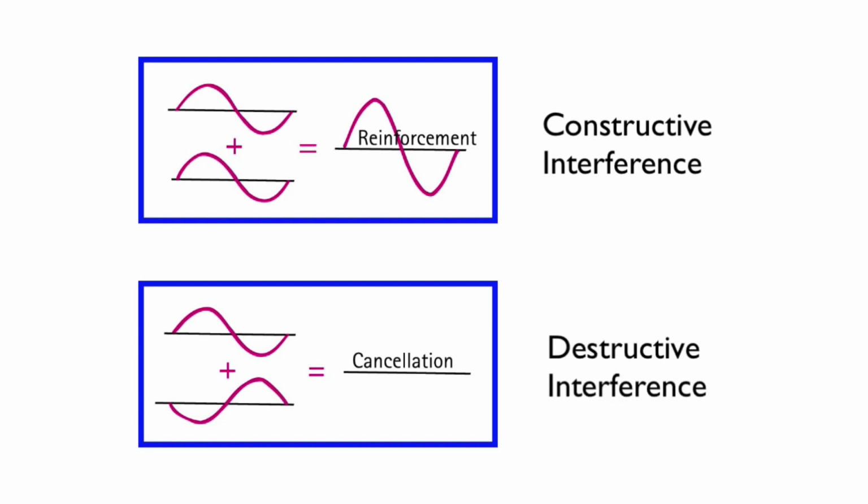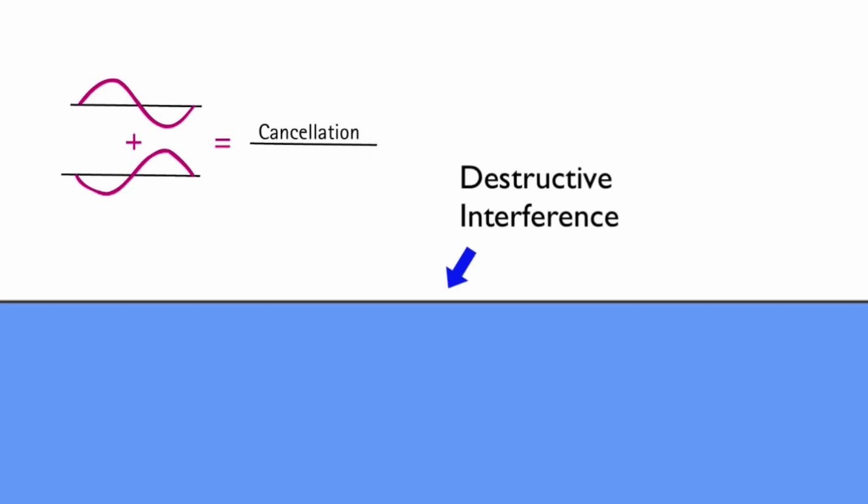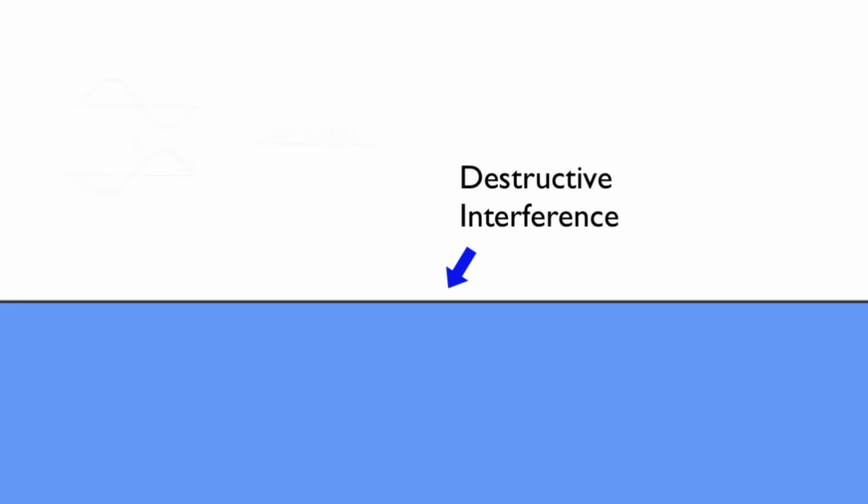Let's look at what happens step by step when two waves travel through each other. Here's a moment when two highs overlap. This results in a combined high that's much higher. This is constructive interference. Now, here's a moment where all the highs are perfectly overlapping all the lows. We see a cancellation of the wave amplitudes. This is a moment of destructive interference. If you took a snapshot photo, you might think that nothing is happening.